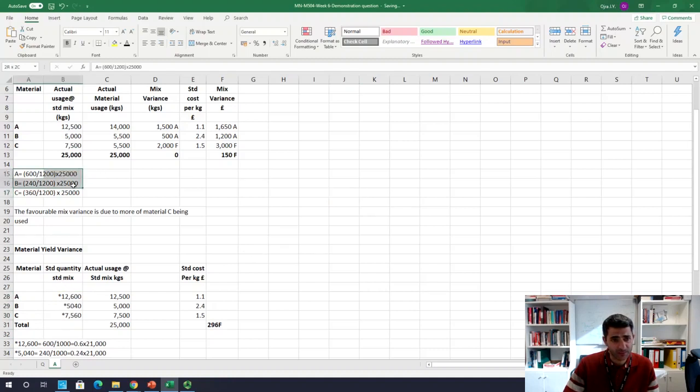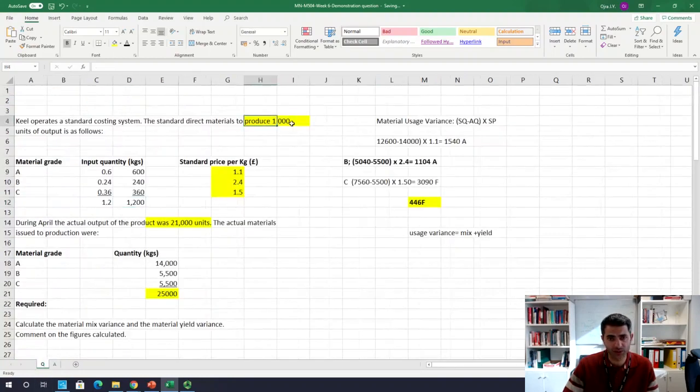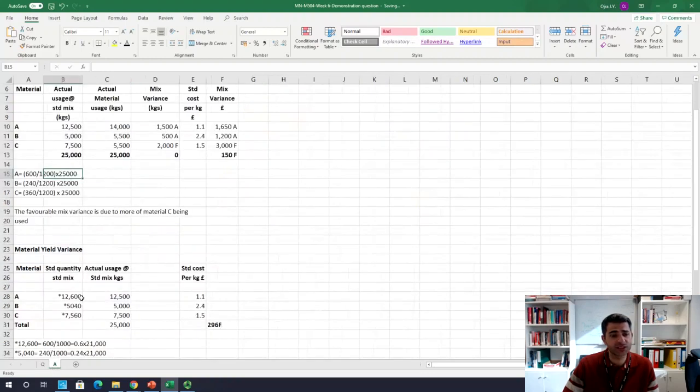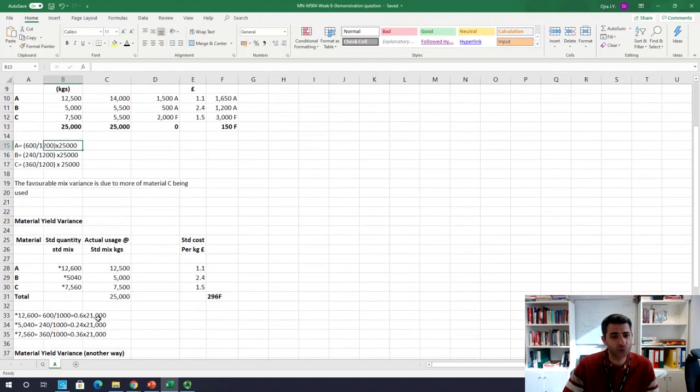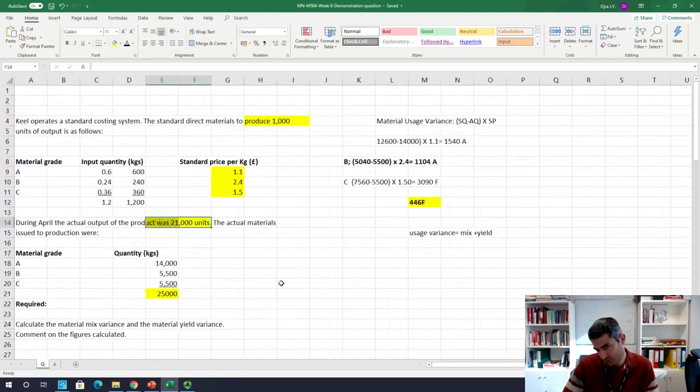Same as before, but here we don't divide by 1,200. We divide by 1,000 units, which is the standard output in the question. And then you multiply by what? You don't multiply by 25,000 kilogram, which is the actual kilogram. Here you multiply by 21,000 units, which is the actual output.